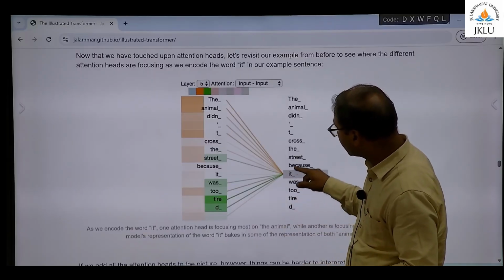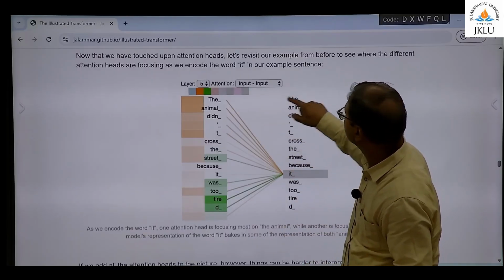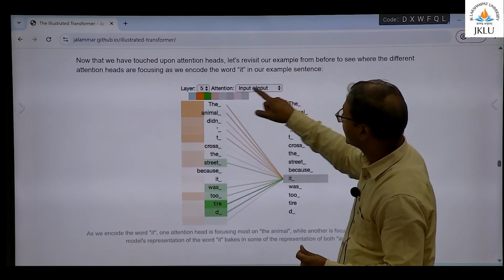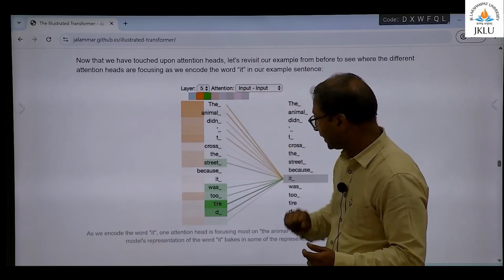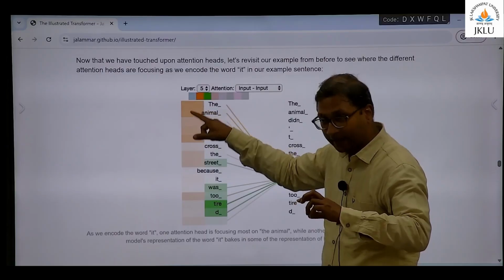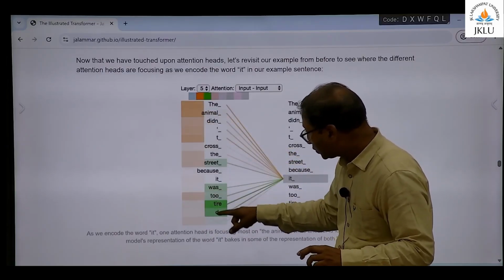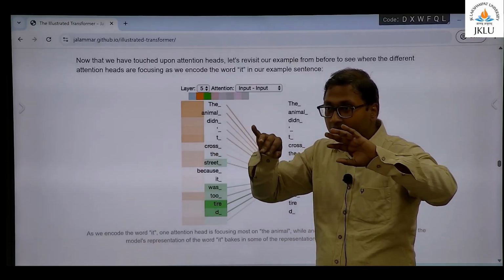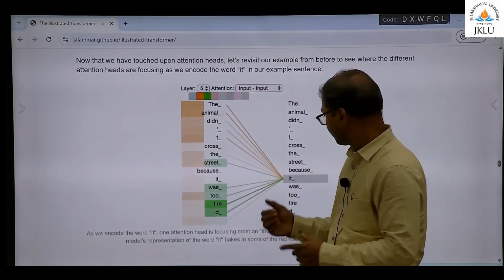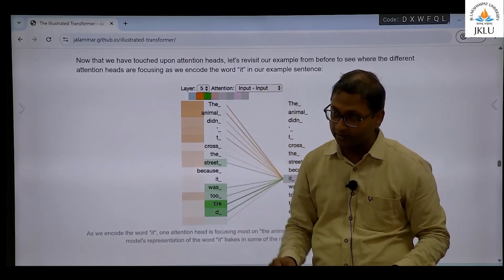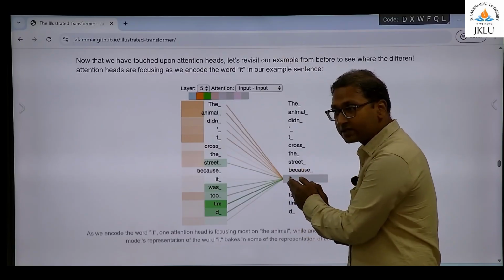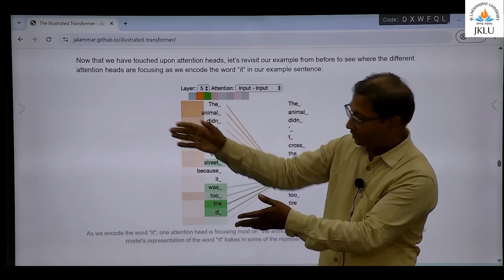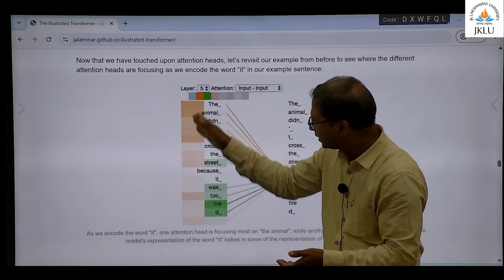Now it turns out that it in our example refers to the animal for one head, too tired for another head, right. So multiple heads help you contextualize things. It was otherwise just it, but right now in this case it will have embeddings closer to the animal and tired, in the green space here, in the red space here.